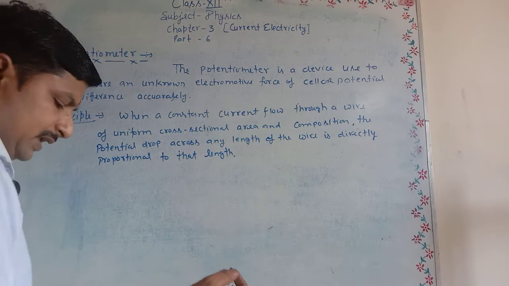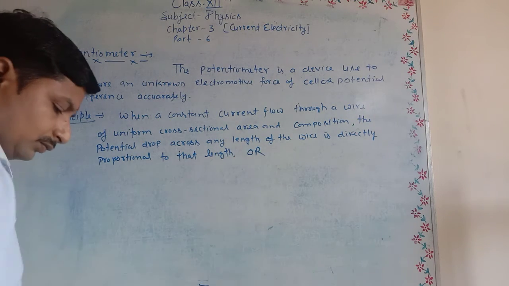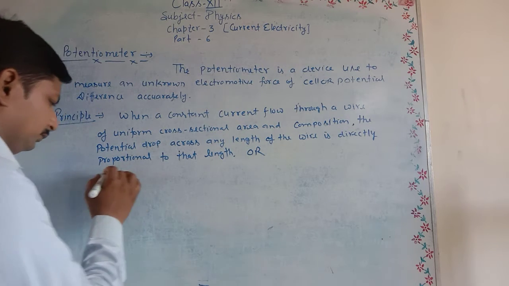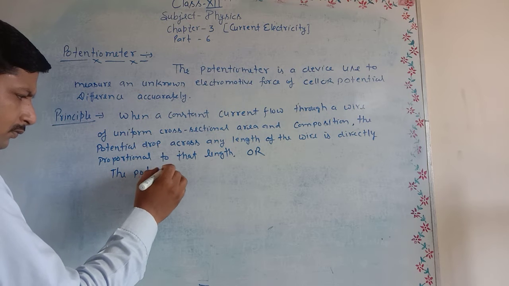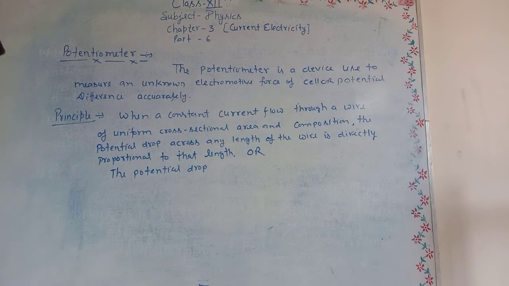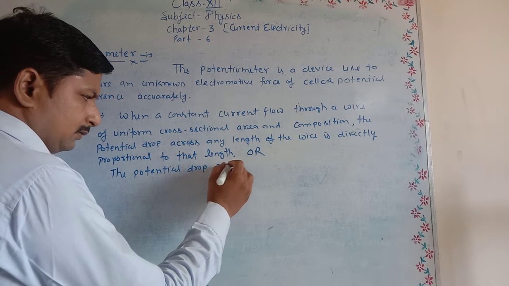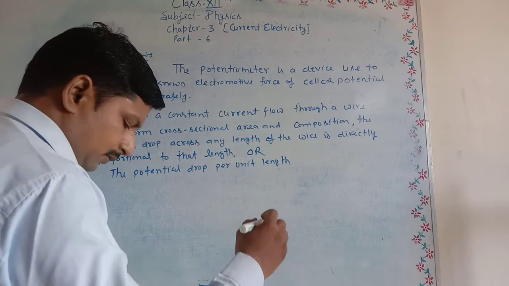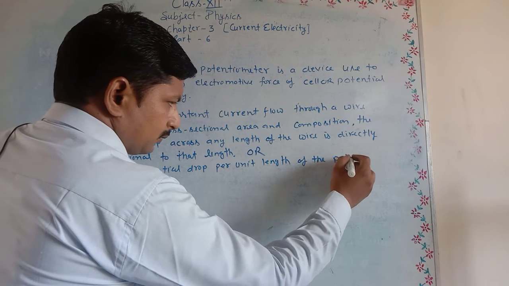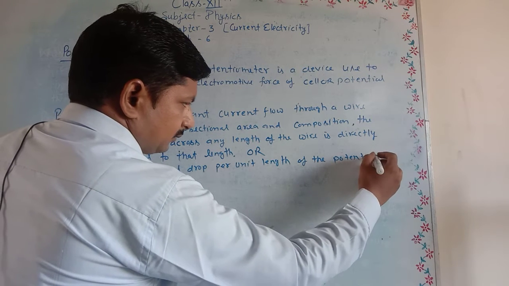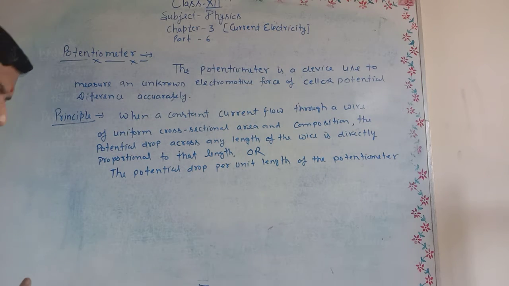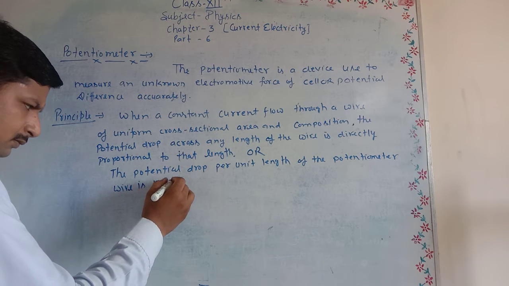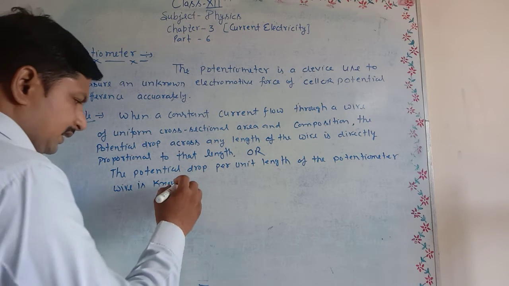Okay students, it means the principle of the potentiometer: the potential drop per unit length of the potentiometer wire is known as the potential gradient.